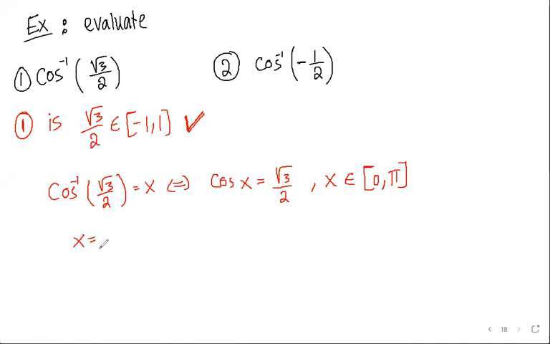Pi over 6. Yes. When I plug it inside the cosine, it gives me the square root of 3 over 2. And pi over 6 is inside the domain. So this is the value.